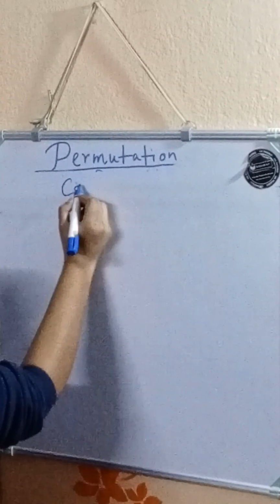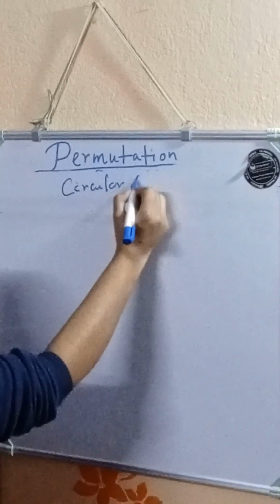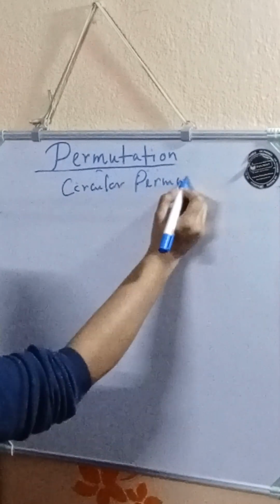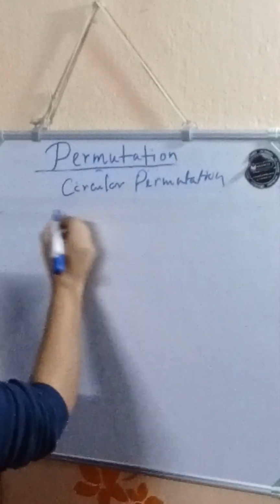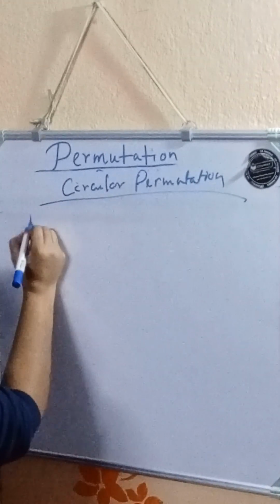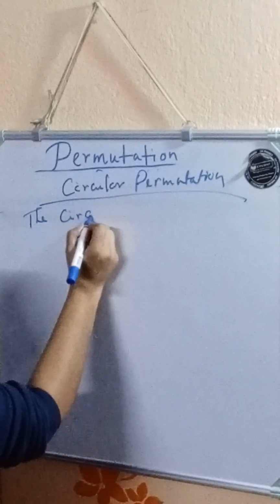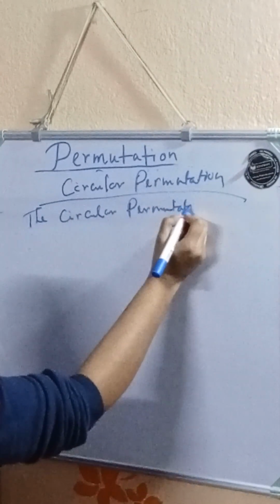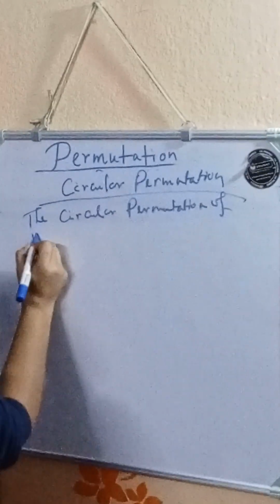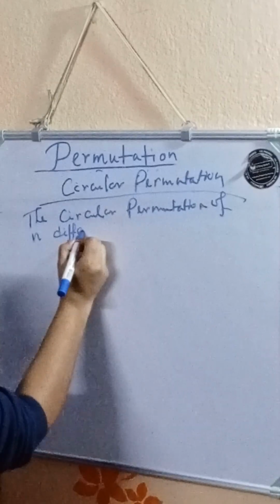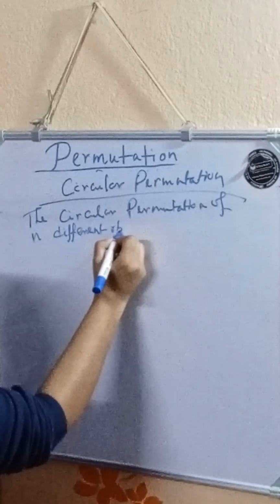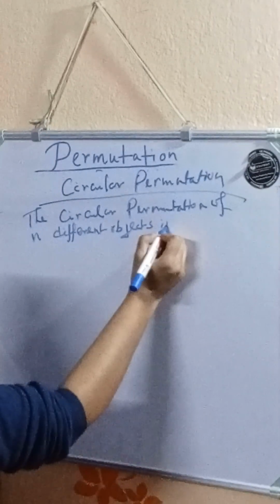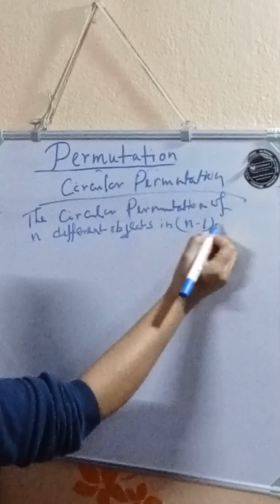Now, circular permutation. The circular permutation of n different objects is n minus 1 factorial.